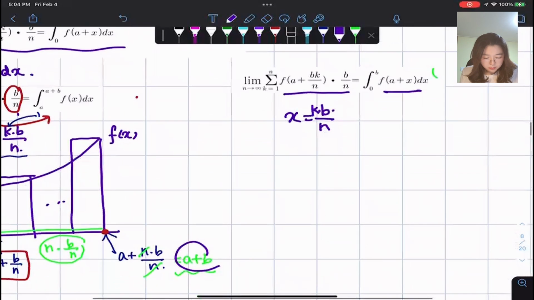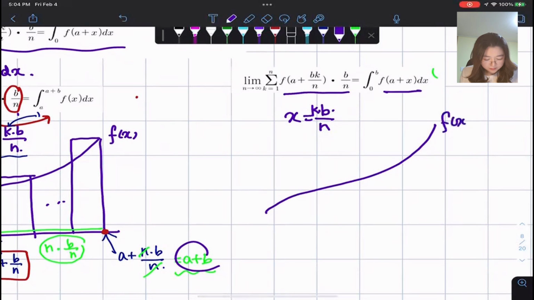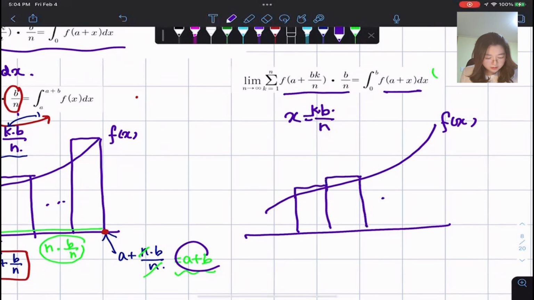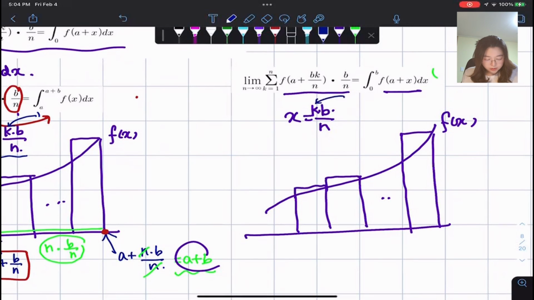Suppose f(x) is like this and the rectangles are like this. The last rectangle is here. The first coordinate is found by plugging in 1 instead of k, so this is b over n. The last coordinate is found by plugging in n instead of k, so n times b over n.